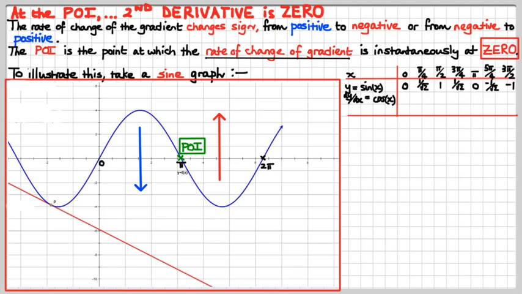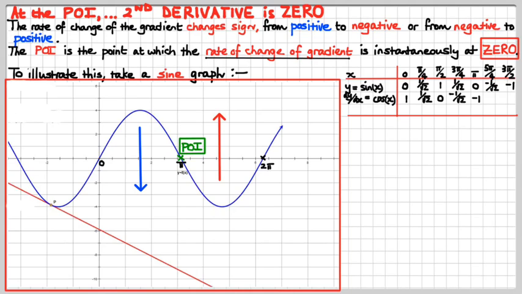Now, what about dy/dx, which is going to be cos x? What's cos of 0? It's 1. What's cos of pi on 4? It's 1 over root 2, isn't it? What's cos of pi on 2? It's 0, and so on. What's cos of 3 pi on 4? It's minus 1 over root 2. Cos of pi is minus 1.